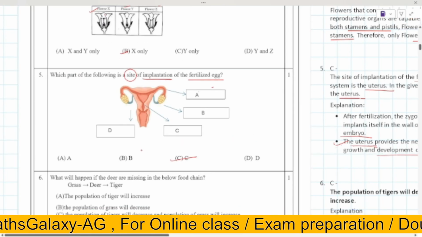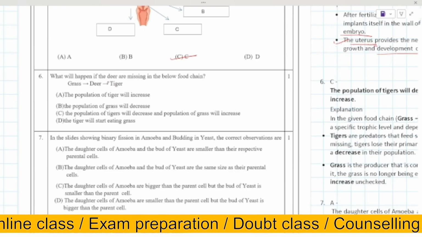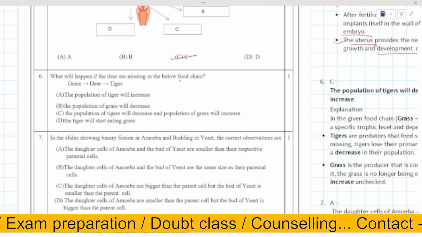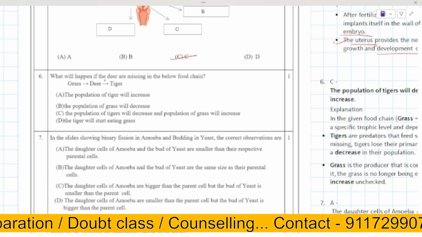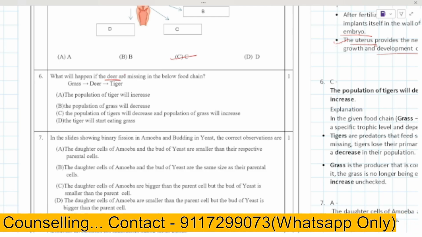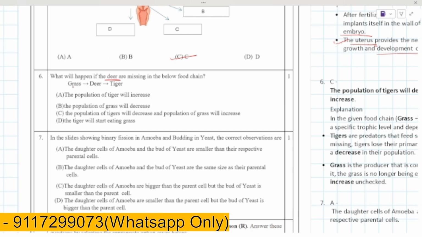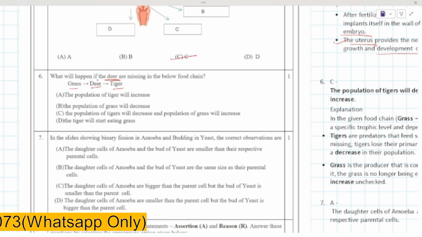Now let's see the next question. What will happen if the deer are missing below? We have already discussed a question similar to this, not the same question, in the demo class, right? The food chain is grass, deer, and tiger. If deer are missing, what will happen?